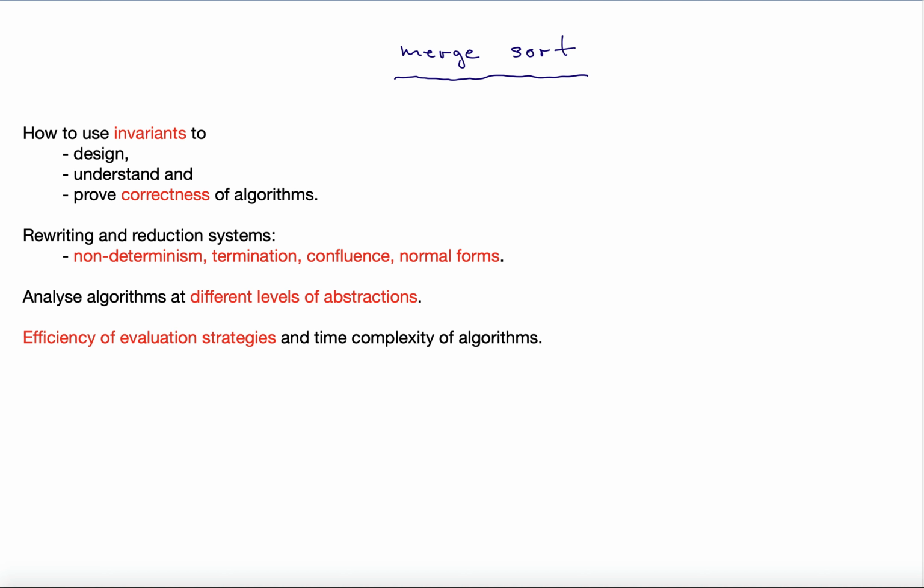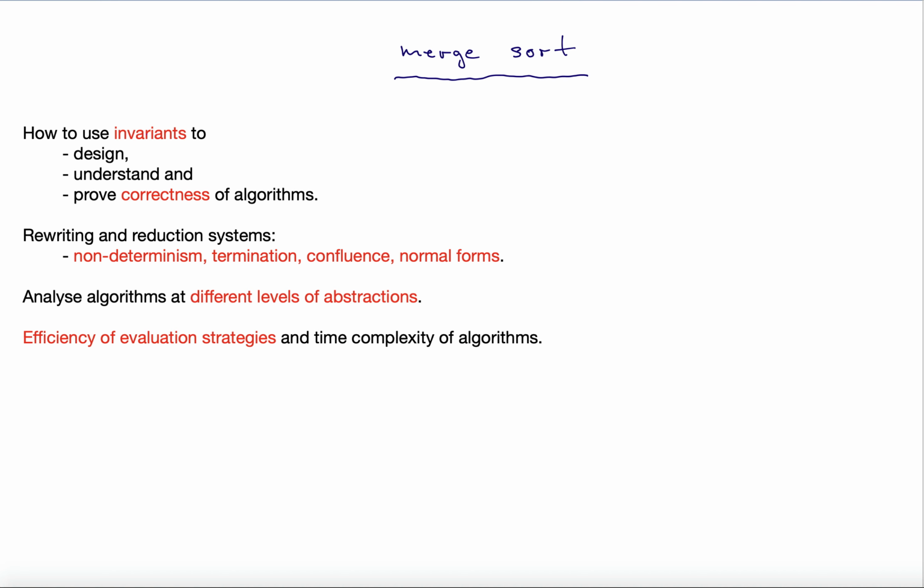Then we pushed this idea a little bit further. Instead of analyzing merge sort in terms of a rewriting system where each computation step is a merge, we could also look at finer grains of computation. We argued that we don't want to go down to the machine level or to a level as low as a Java virtual machine, but counting the number of comparisons is an interesting level of abstraction.